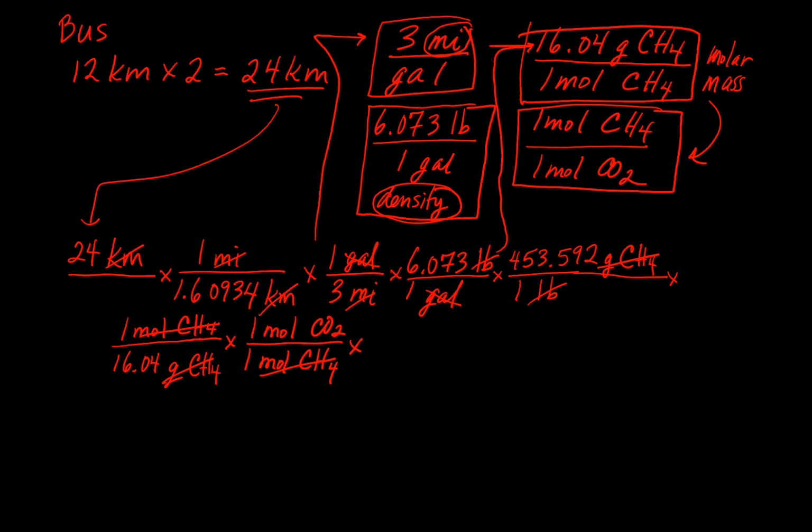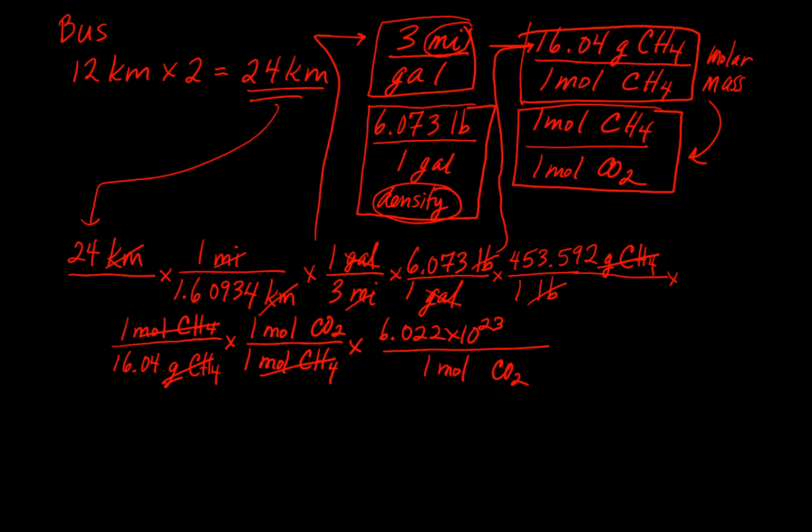And then the final thing you need to do is one more review concept that's part of this activity, and that is getting from moles of a substance to molecules of a substance. The way you do that is to use Avogadro's number. Avogadro's number says that there are 6.022 times 10 to the 23 particles, or any things, per 1 mole of that thing. So we're dealing with CO2 here.